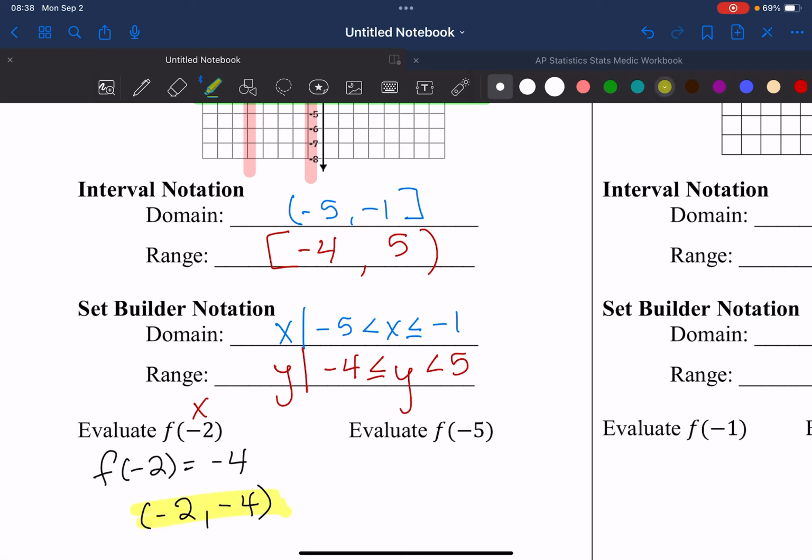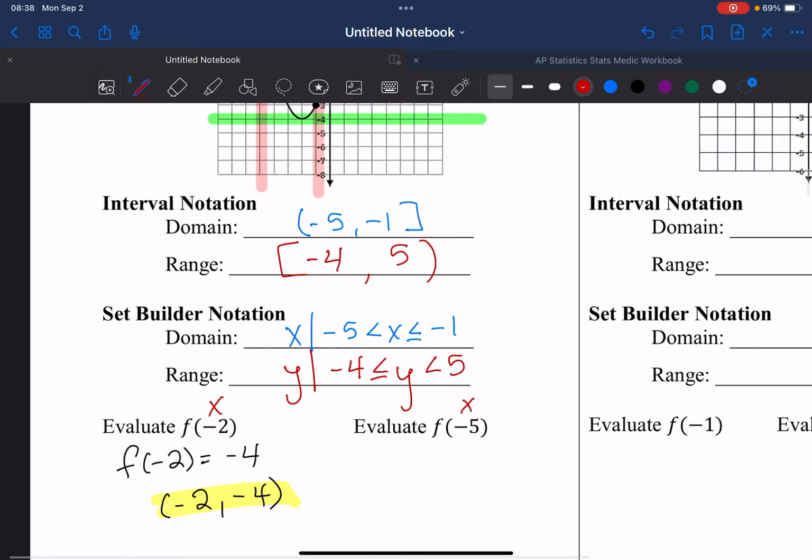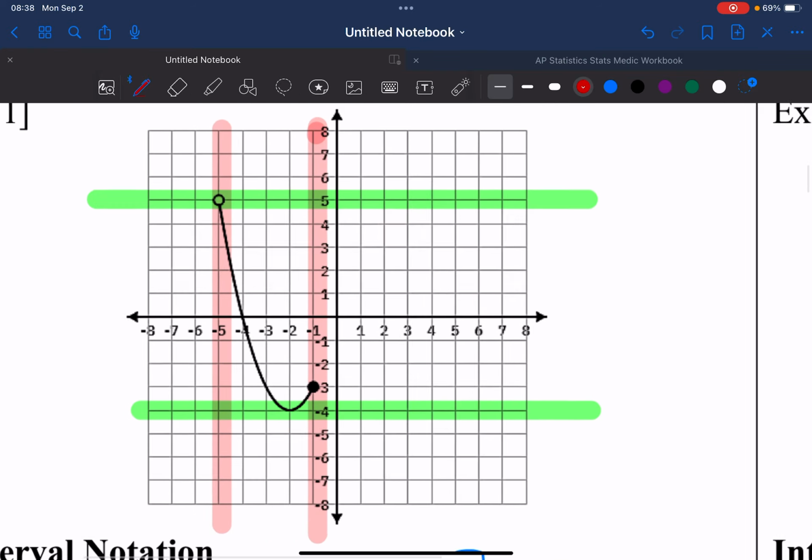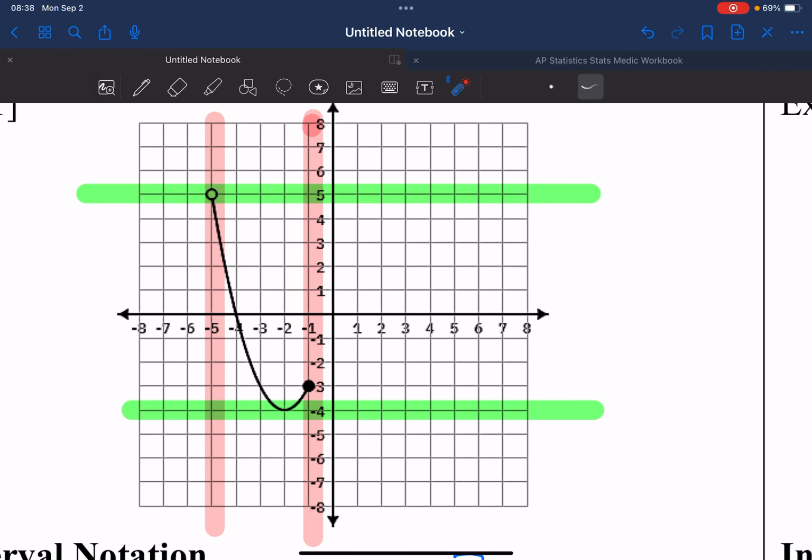Okay. So now I'm going to evaluate f of -5. So again, that -5 is an x value. So I'm going to go up here. I'm going to find my -5 on the x's, so right here. And then again, I need to go either up or down to meet my graph. In this case, I'm going to go up. But notice that when I hit my graph, I hit it at an open circle at 5.